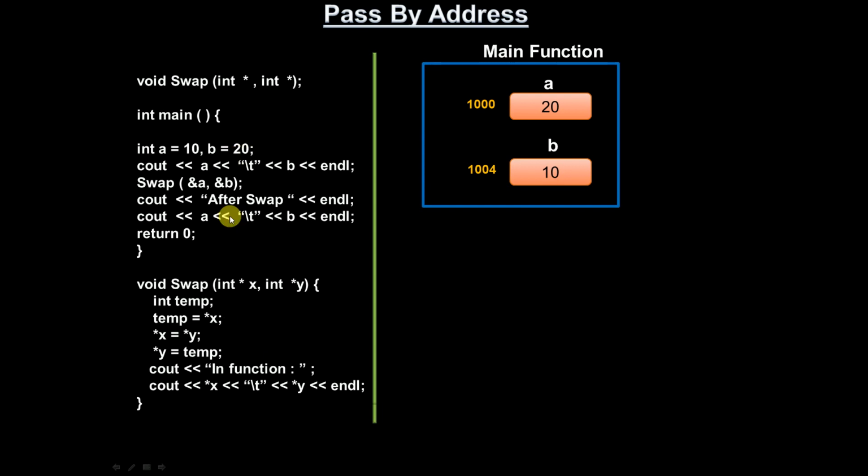When you are using this syntax, data type star pointer variable name has to be present in the function definition argument, and address of a, the address of the variable name, has to be present in the function call. Don't forget this syntax.